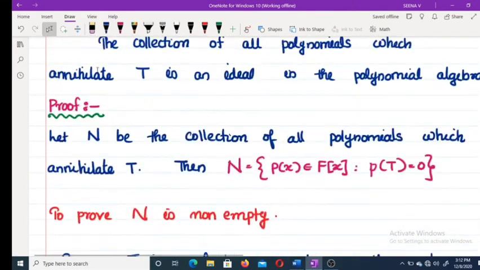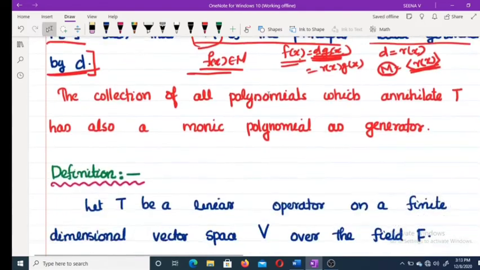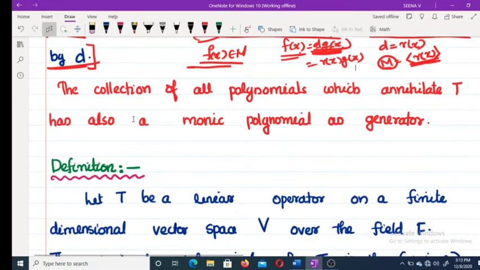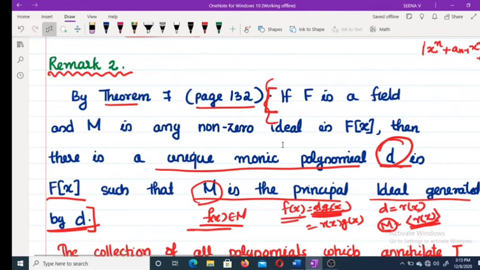So here we have the annihilating set. N is an ideal in the polynomial algebra, that means N is an ideal in F[x]. Therefore, the collection of all polynomials which annihilate T also has a monic polynomial as generator. This theorem says that if F is a field and M is a non-zero ideal in F[x], then M is a principal ideal generated by some unique monic polynomial d.